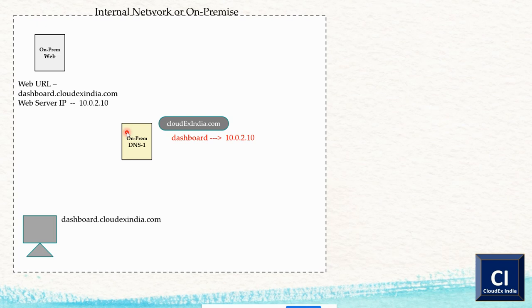I have mentioned dashboard, which comes under cloudxindia.com. The FQDN of this name is dashboard.cloudxindia.com, and the IP address I have mentioned is 10.0.2.10. This will be the primary or preferred DNS server of my system or any client you have in your domain.